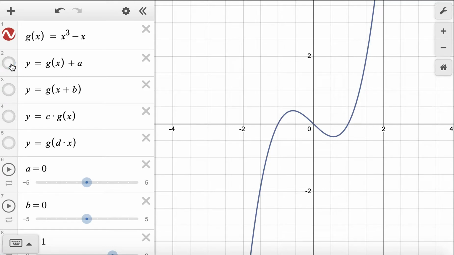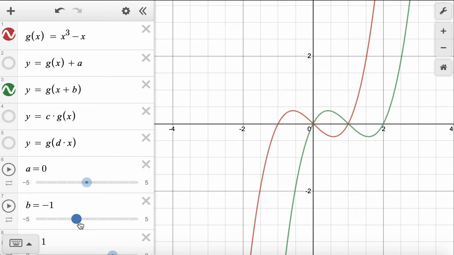Let's now take a look at this transformation, something like g of x plus b. So now I have something added or subtracted from x on the inside of the equation as opposed to on the outside. And you might remember that this causes the graph to, oops, wrong slider.